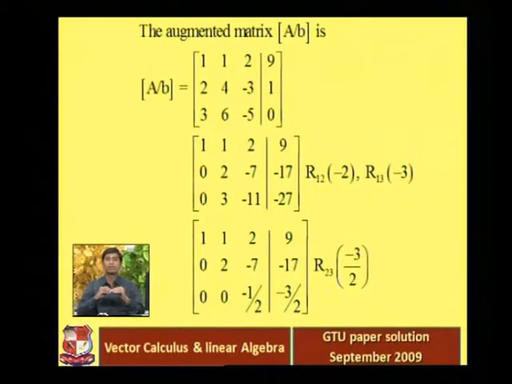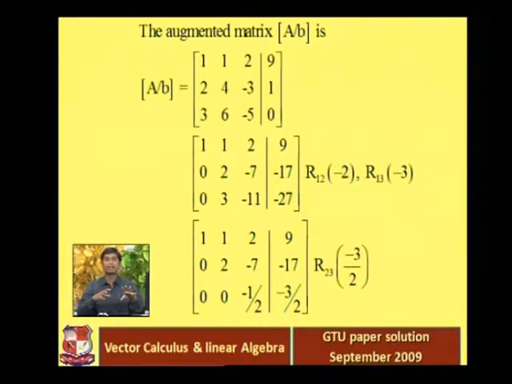Suppose there is a system of linear equations and in the exam they ask you to use the Gauss-Jordan method. In that case you have to convert the matrix into reduced row echelon form, and there are two conditions added to these three conditions.